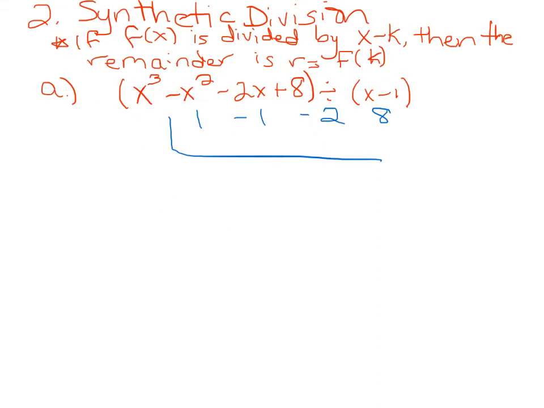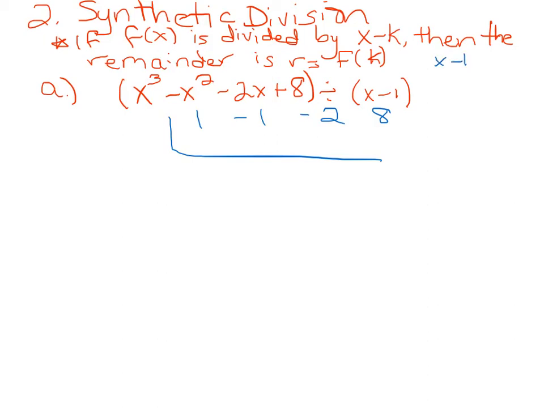Synthetic division is based off of synthetic substitution that we've been working on. If f of x, some function, is divided by x minus k, then the remainder is going to be the function evaluated at k. Think about it though.